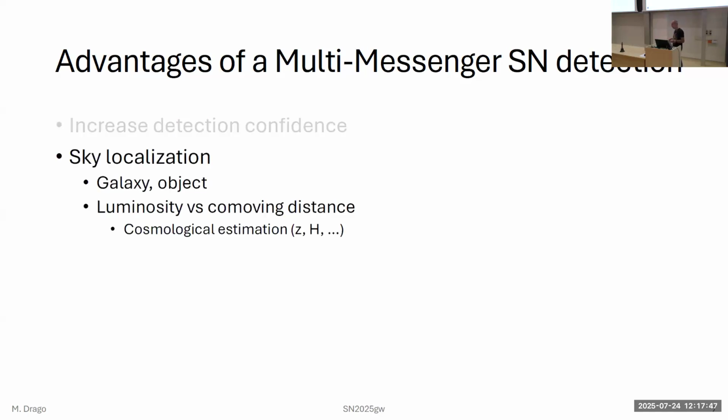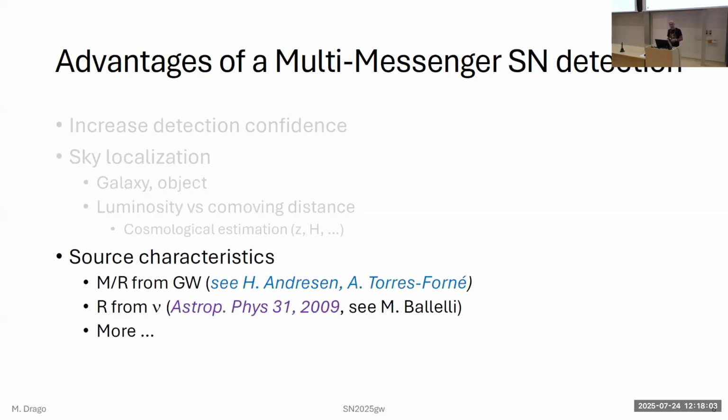The sky localization is important, of course, because we can identify maybe the galaxy that hosts the object that produces the signal. Maybe, if we have the luminosity distance also, we can try to estimate the redshift, something like that. So we can do a lot of exercises. And of course, if we have a multi-messenger, we can try to characterize the source better.